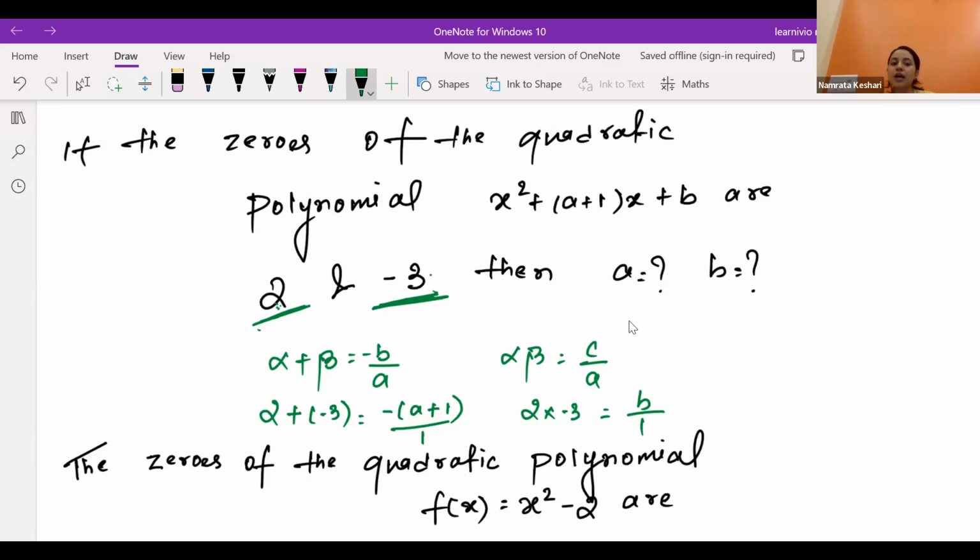So we can substitute this value at the place of x, and write is equal to 0. That is the other way. Are you getting it? Yes. Similarly, you can take this minus 3, put it over here, and write is equal to 0. From there, you will get two equations which you have to solve further to find the value of a and b.